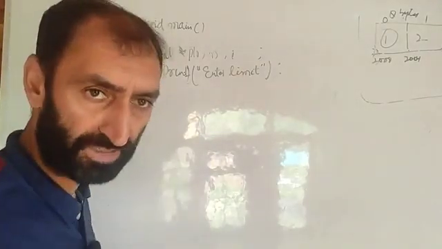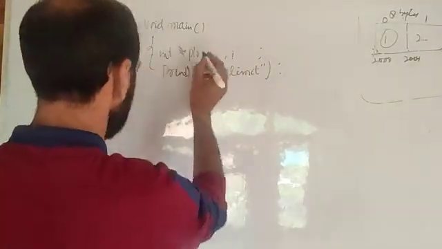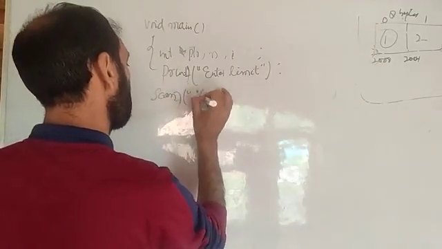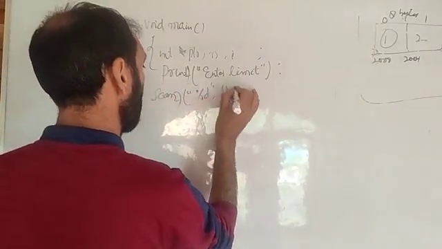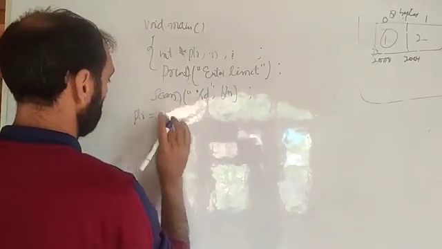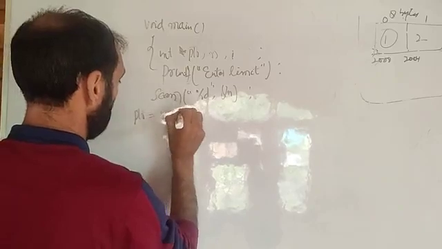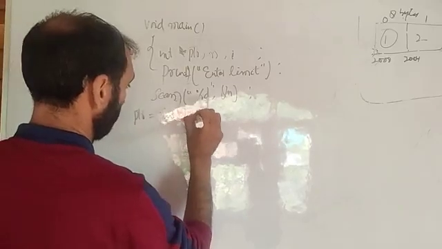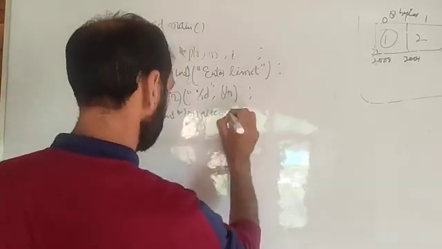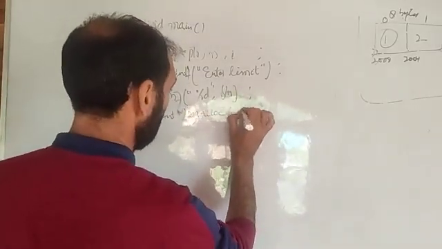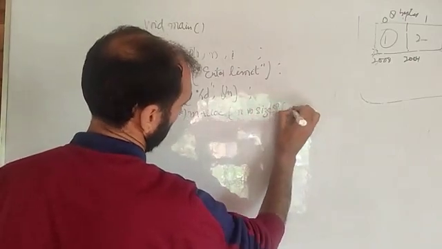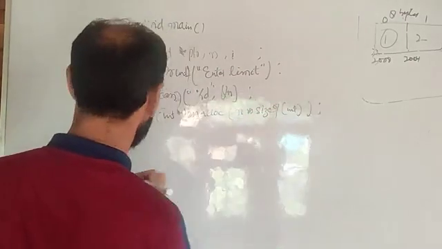For that I have to request the memory dynamically. scanf %d address of n, and ptr equal to int pointer malloc n into size of int.